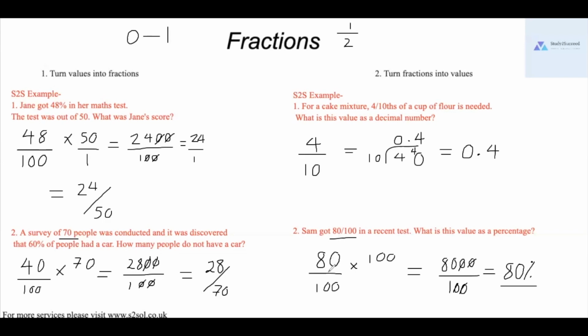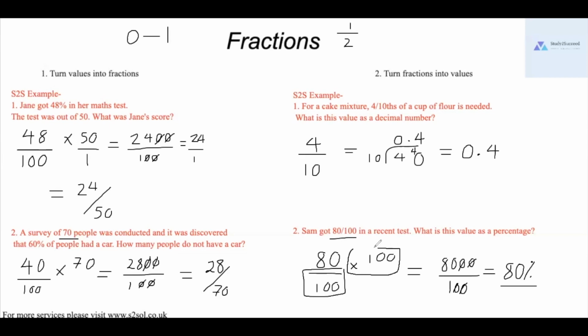So when our fraction has a denominator of 100, the percentage value is simply the same number as the numerator. This is because, as we can see here with our functions, we are dividing by 100 to then multiply by 100.